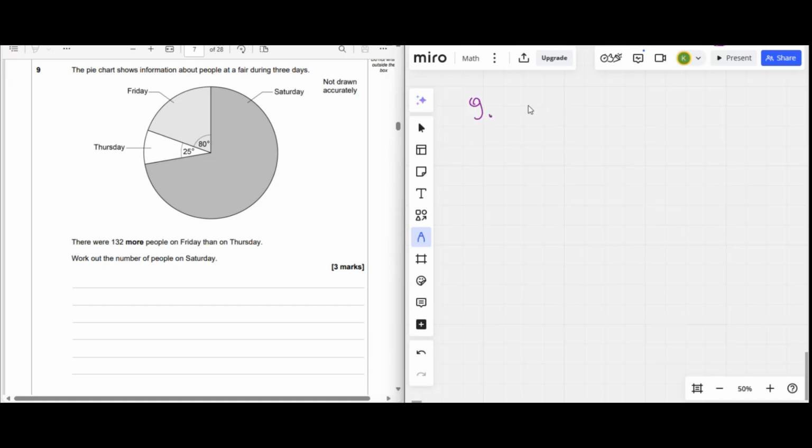So let's say that X is the total number of people at a fair.